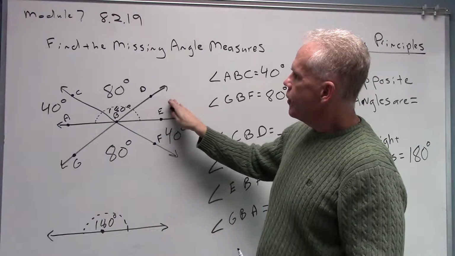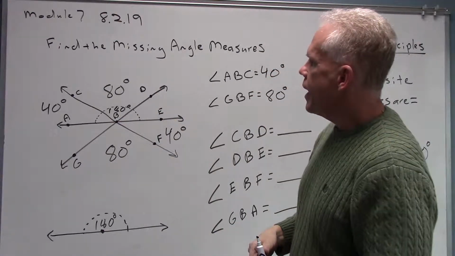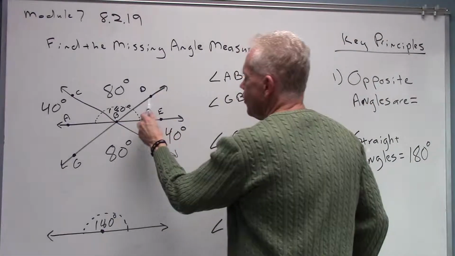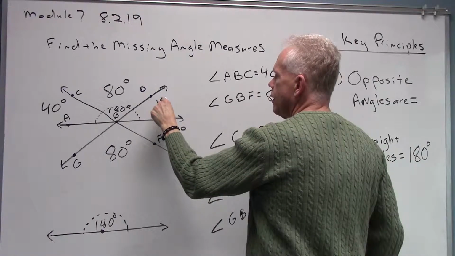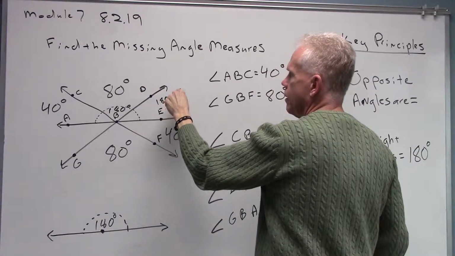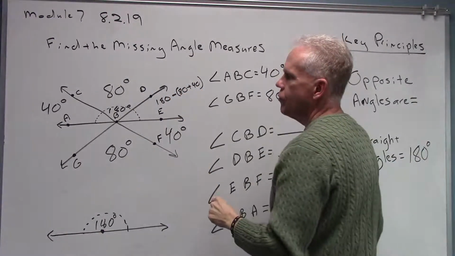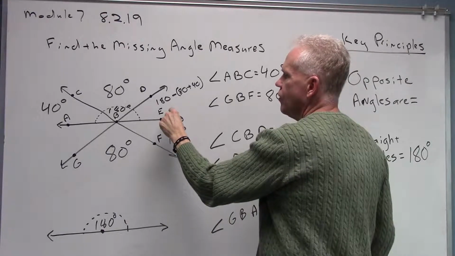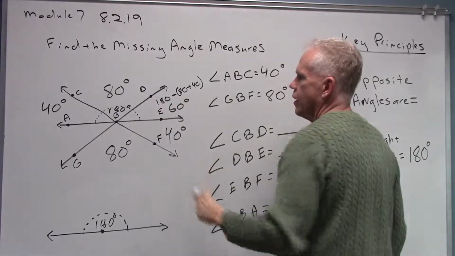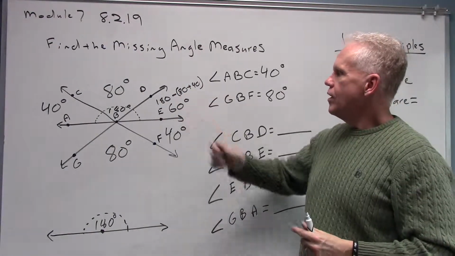If I'm looking for DBE, then I can say 180 minus 80 plus 40, or 120, and I'll see that this angle is 60 degrees. 180 minus 120 is 60 degrees.